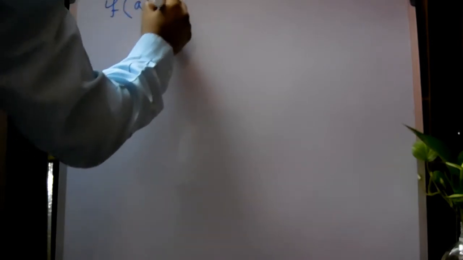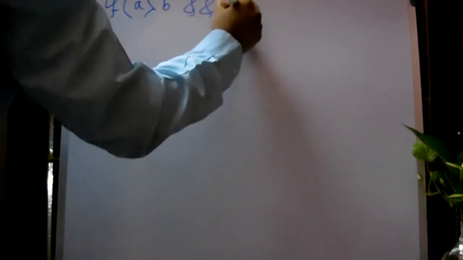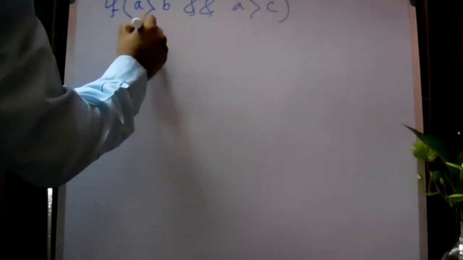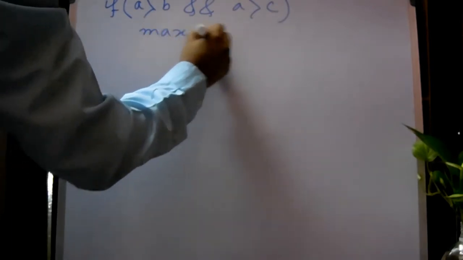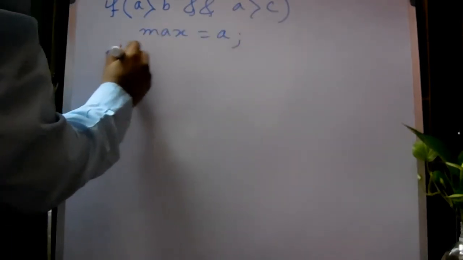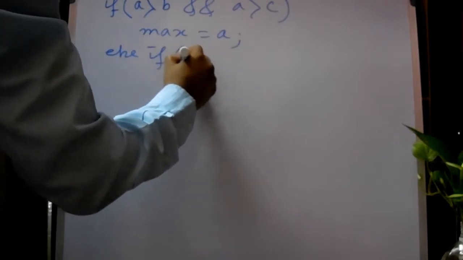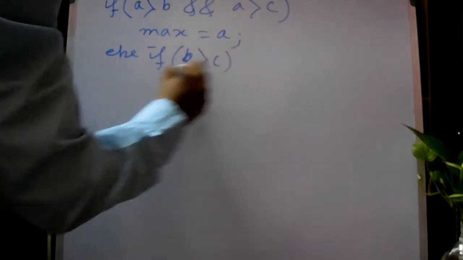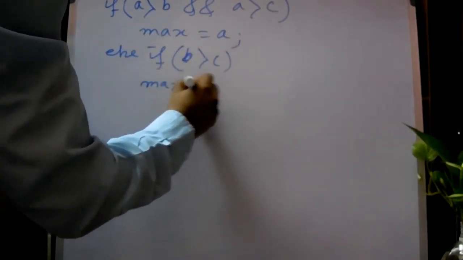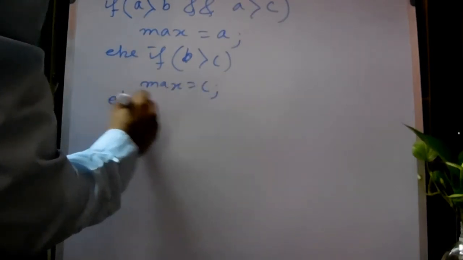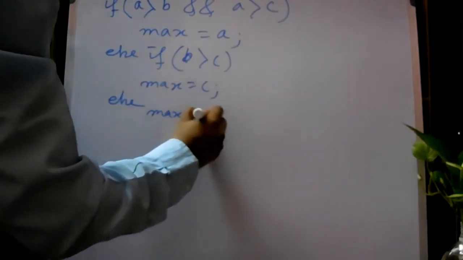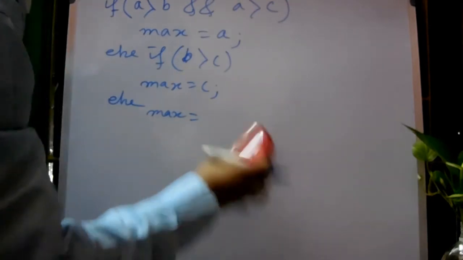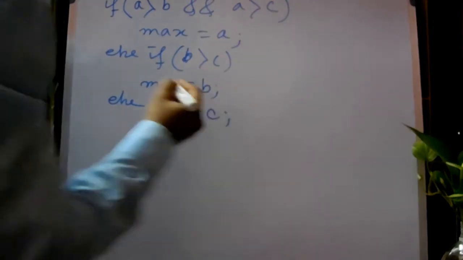If a is greater than b and a is greater than c, then max will be a, else if b is greater than c, then max will be b, else max will be c.